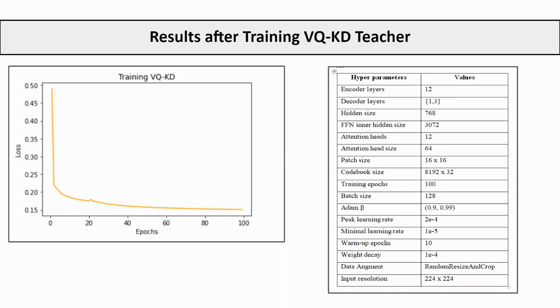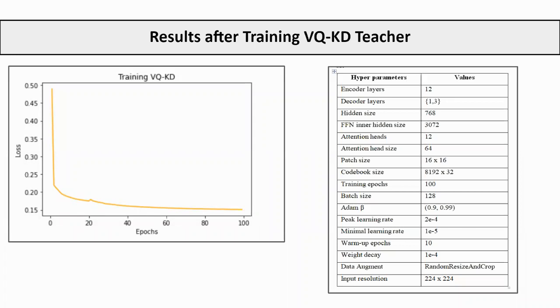It just had an adverse effect, I felt, but we'll talk about that. And the patch size that I used over here was 128. There were 12 encoder layers, three decoder layers, and about 95% of the codebook was used in training the VQKD teacher model.